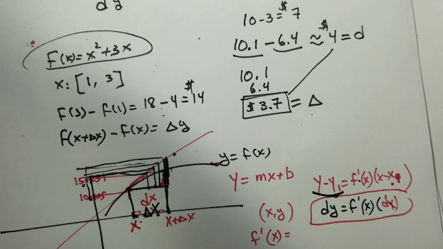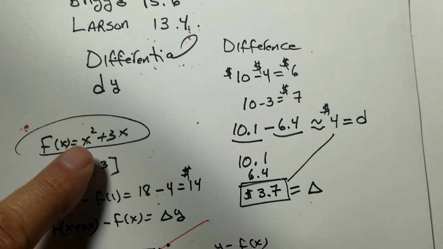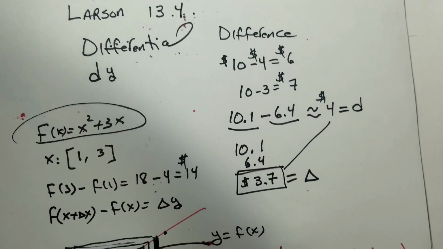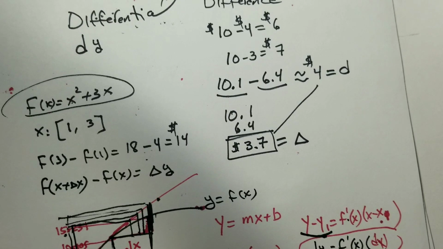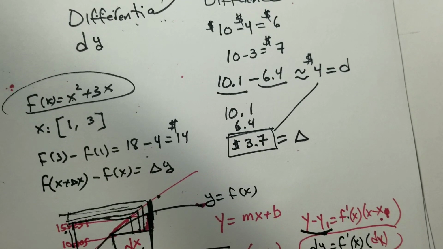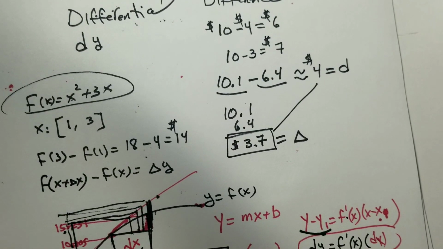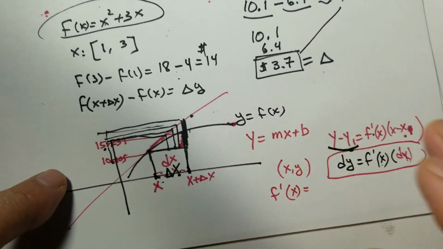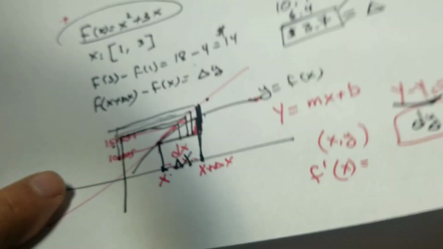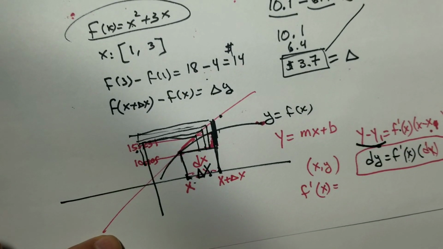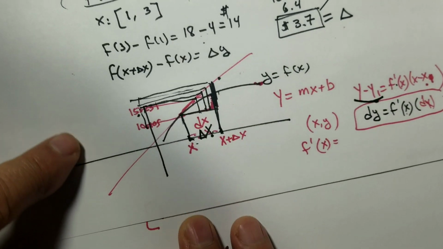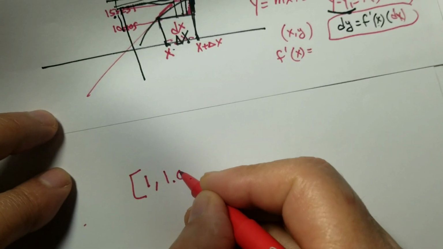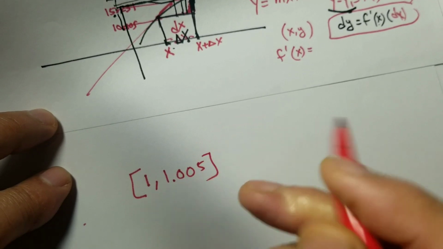Therefore, somebody said, okay, what was the change between these two numbers? $14. But what happens if I ask, what is the change between those two numbers from x equal to 1 to 1.005?